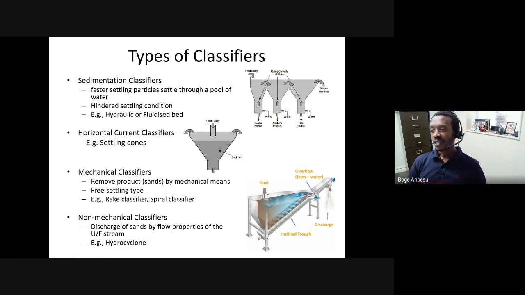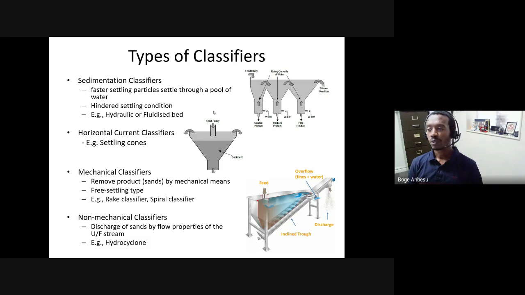So in terms of classifiers, there are a few different types. The main ones are classified depending on how they actually work. For example, in sedimentation classifiers, obviously you'll be dealing with fine material, say about 100, 150 micron material, and you want to split it into very fine particles, say less than 20 micron, and coarser particles.